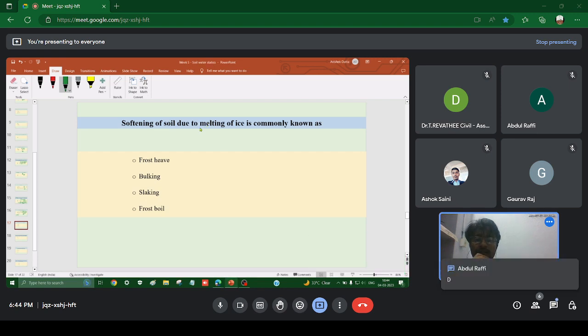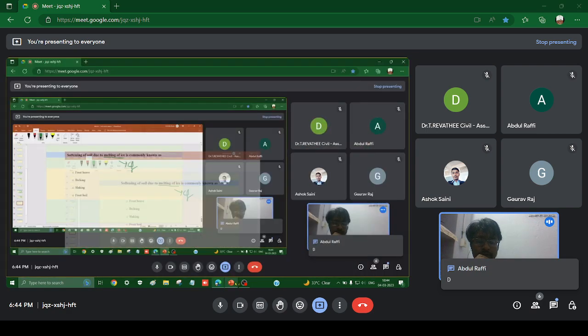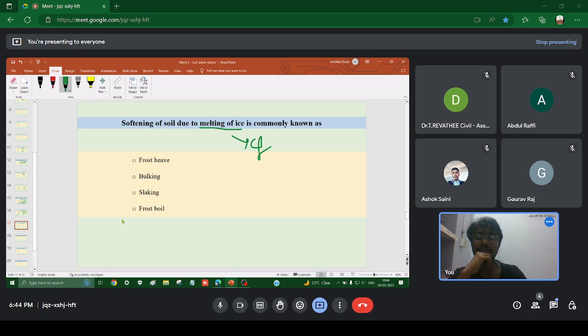This melting of ice, it happens in the capillary fringe generally. Okay. D, frost boil. Yes, D is the correct answer.